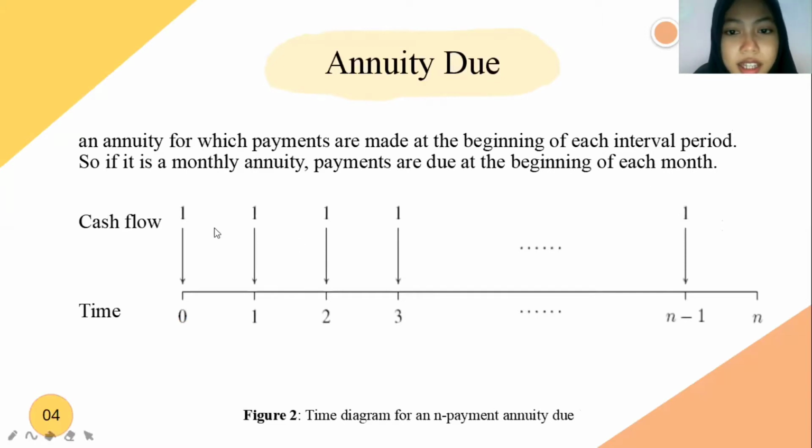So at the beginning, we can assume the first payment is at time 0, and time 0 is today. And then at the beginning of the next period, you make the payment, until the last payment, so the time is n-1.